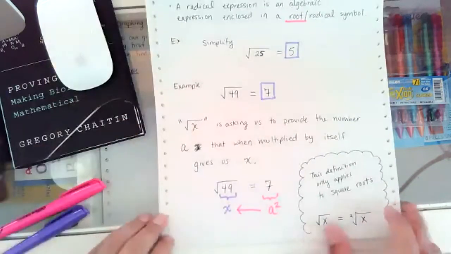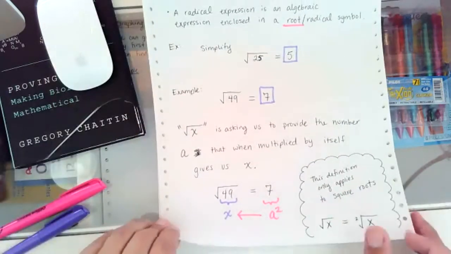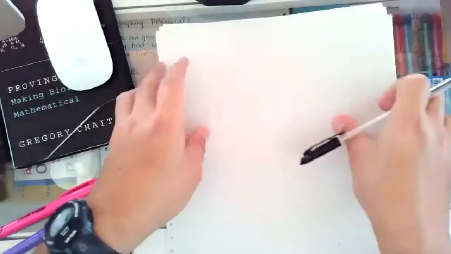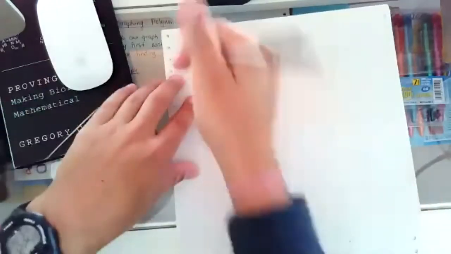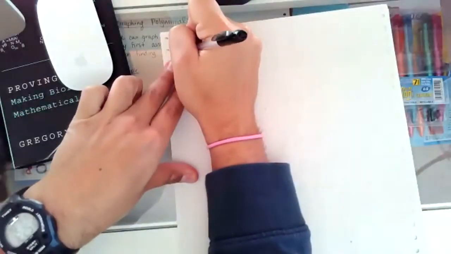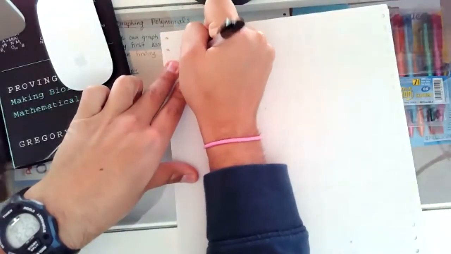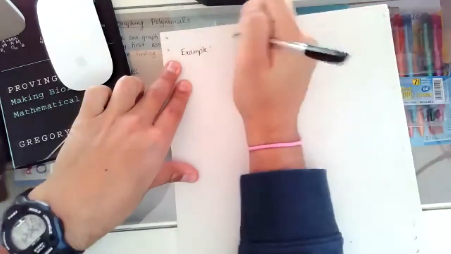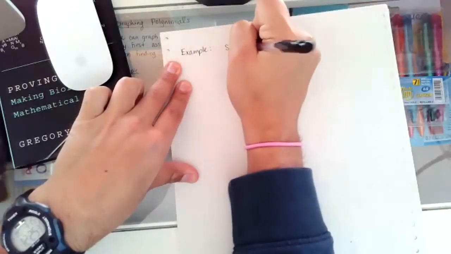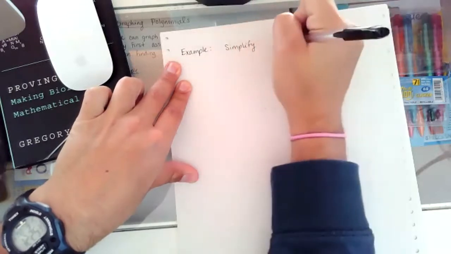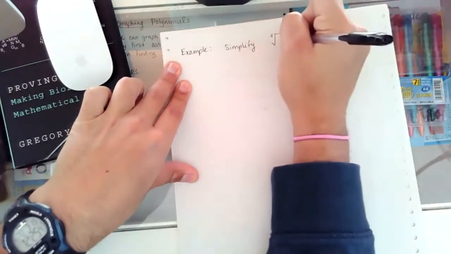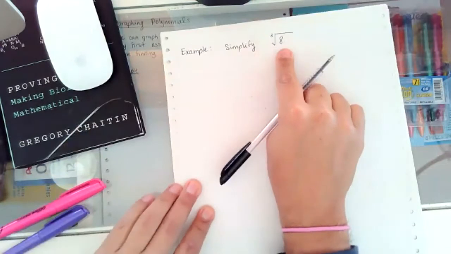Okay. But there's more than just the square root. There's multiple kinds of roots or radical expressions. For instance, you might be asked to simplify this expression, the cube root of 8.